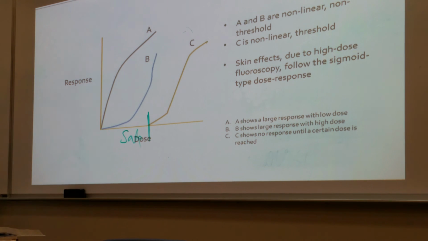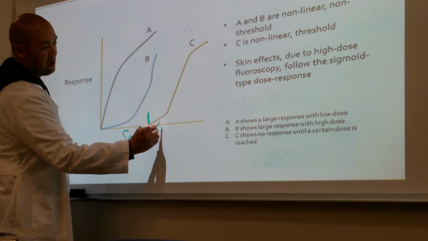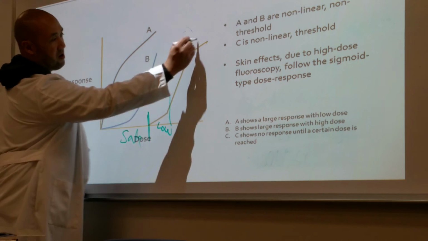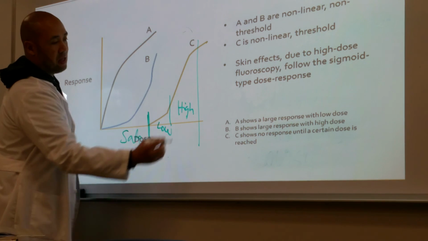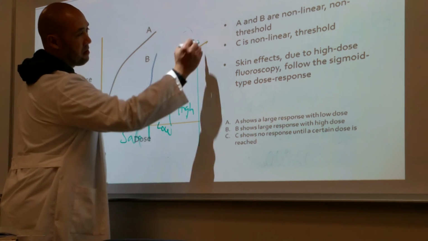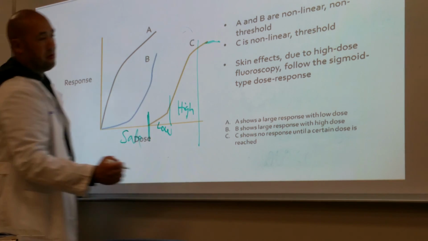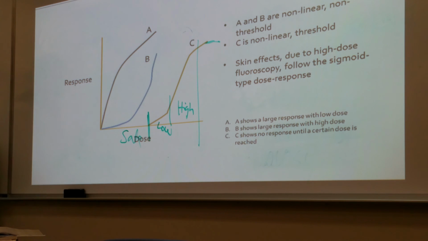So low response here. It's not until you get here that you have a high response. And then when you get around here, it starts to shoulder off. The response isn't as great. It starts to taper off. That's all that means.